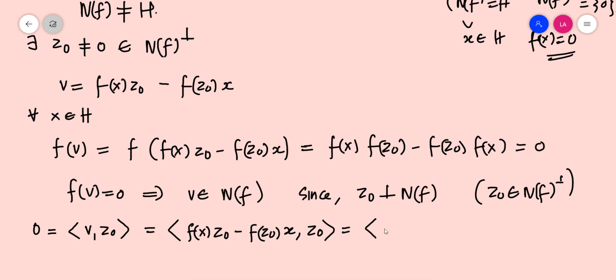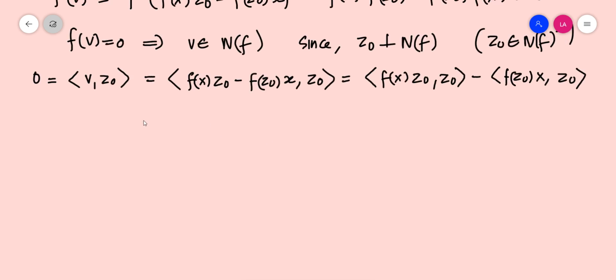So this can be written as the inner product of f(x) z0 minus f(z0) x, with z0.